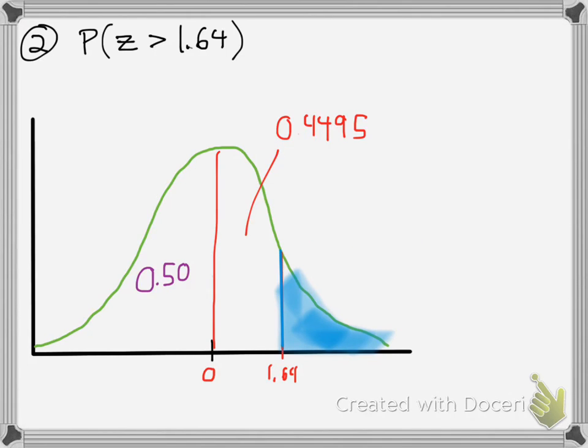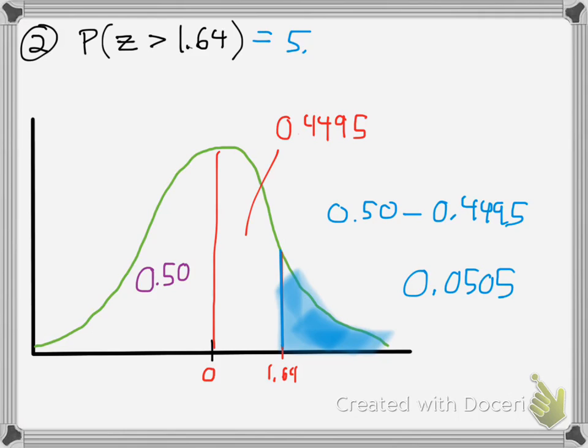So with that information, you can conclude that you can subtract 0.5 from 0.4495 to get the remaining area here, which would be 0.0505, or 5.05%. Now obviously the picture is not drawn to scale, but I just wanted to show exactly what area we were looking for.